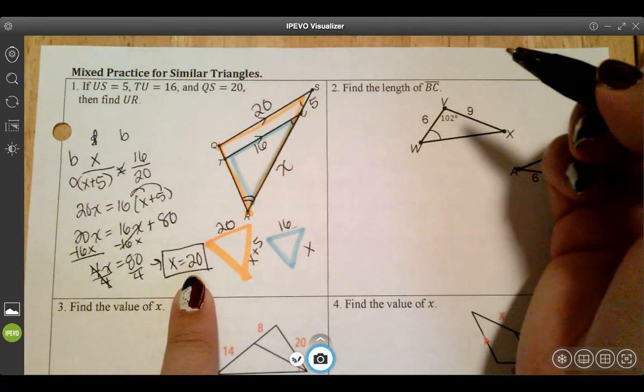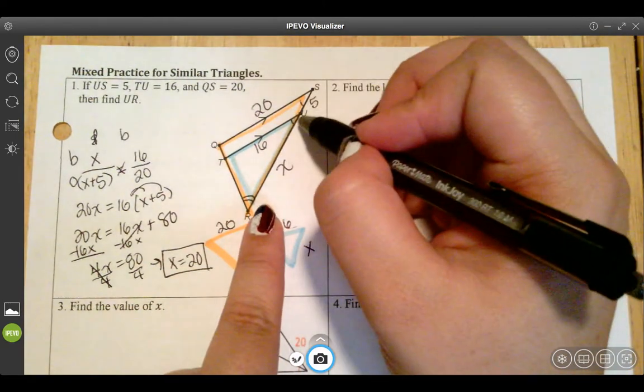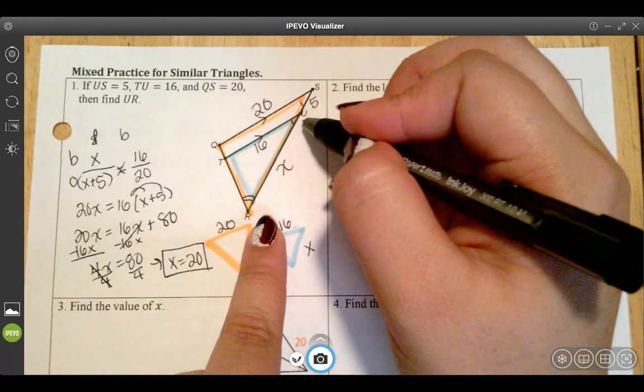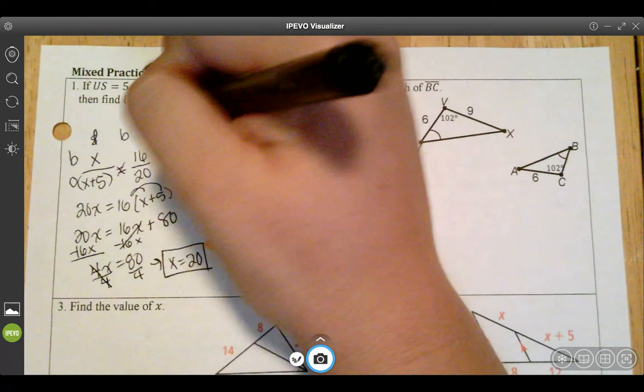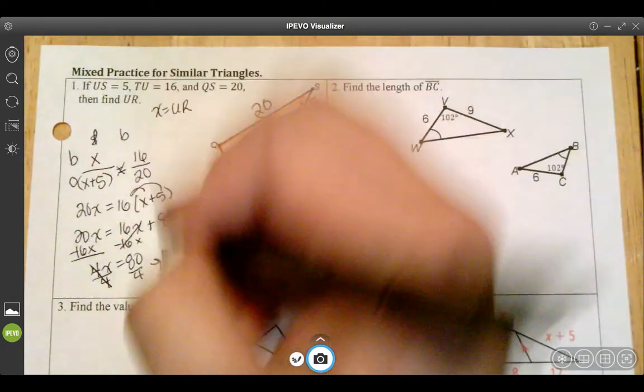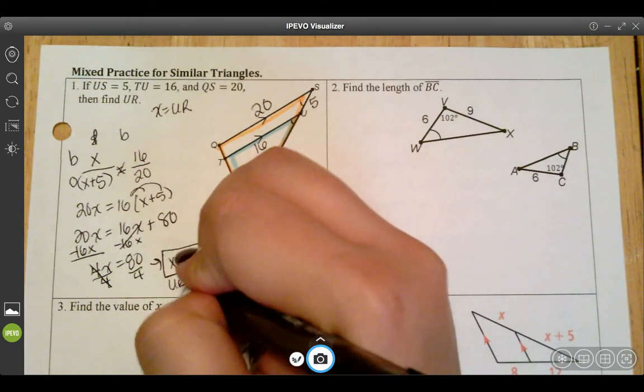Now we don't want just x, we want side UR, but UR has the length that we called x. We should label it x equals UR, and so this is the same as UR equals 20.